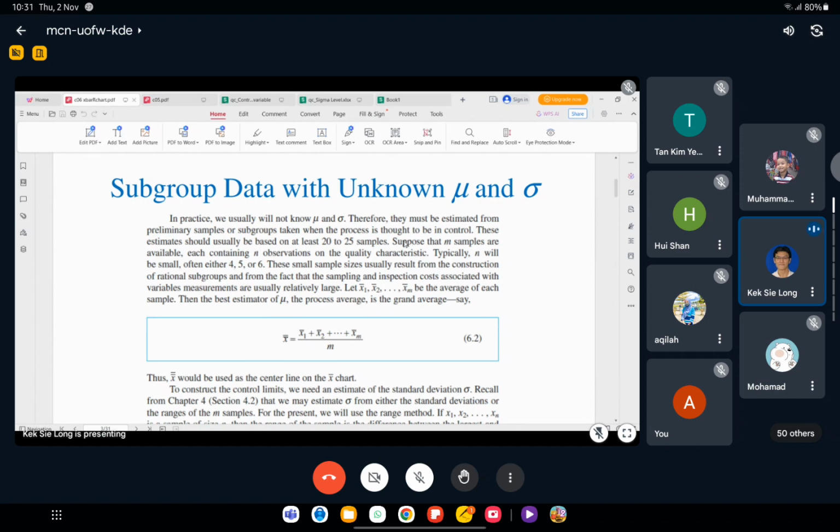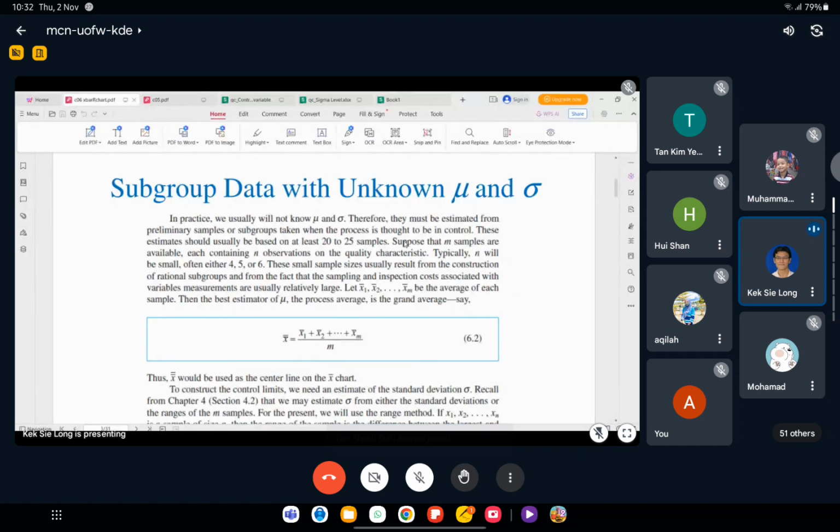The following sentence I want to make sure you really understand, because sometimes we get confused. Suppose that m samples are available, each containing n observations on the quality characteristic. Typically, n will be small, often either 4, 5, or 6.